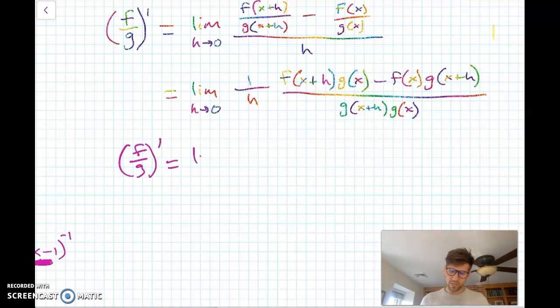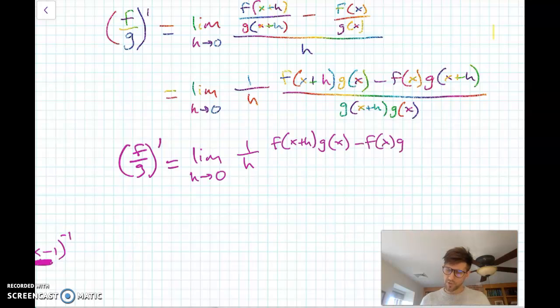I'm going to switch to this pen because it might be a bit easier for me to read. So here I've got my limit. I've got the 1 over h, and now, as I stated, I'm going to add and subtract the same thing.